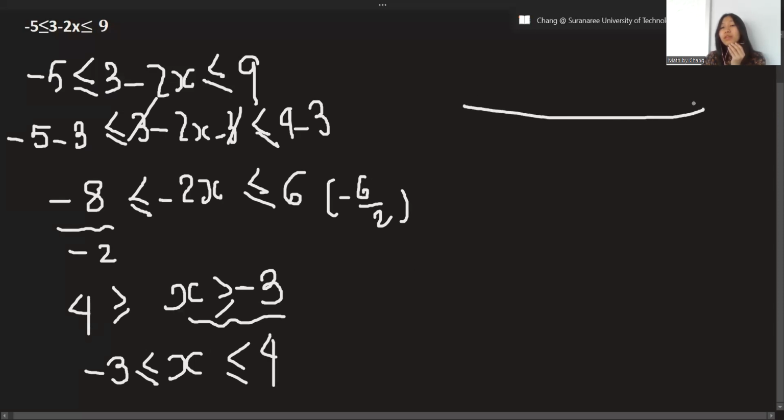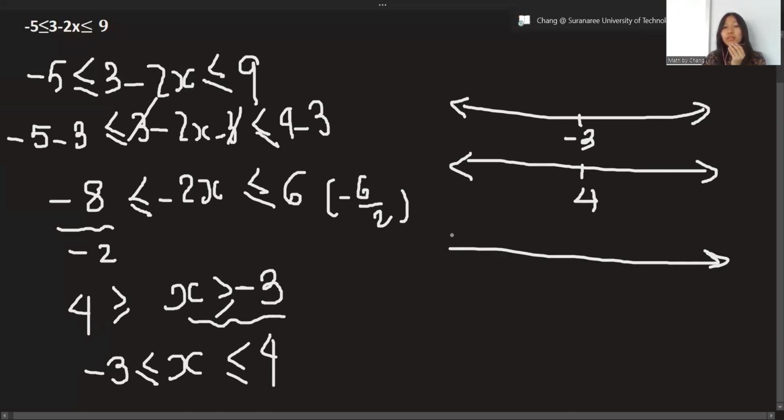Okay, let's describe it on a number line. I will draw two separate lines here in order to see clearly. This one will be minus 3, this one will be 4, and here I will combine these two. The value of x is greater than or equal to minus 3. As there is an equal sign, I have to shade here. So it's greater than, so you have to shade all of this.